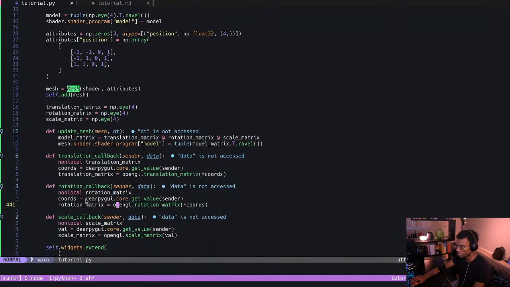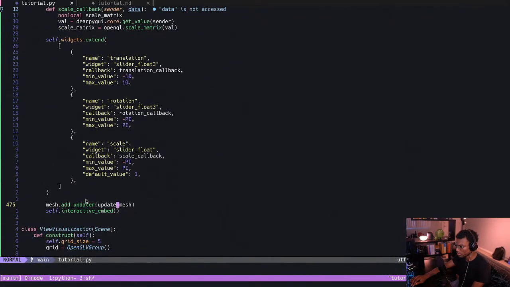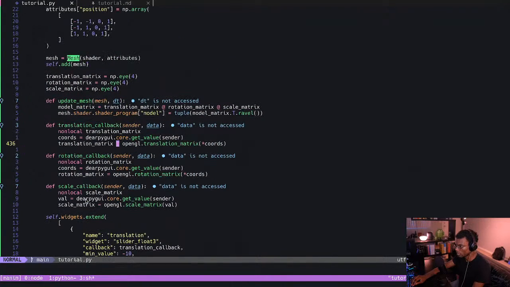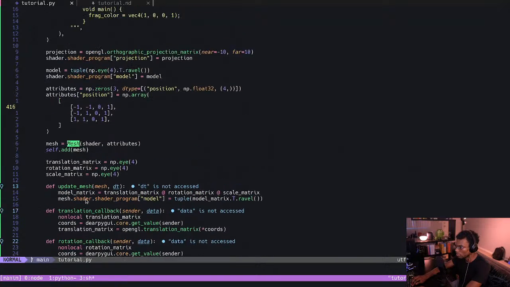I think it would probably be helpful to just walk through all of this code, since it's pretty straightforward. All it's doing is updating this translation, rotation, and scale. And then on each frame, it sets the model matrix to the translation, rotation, and scale.